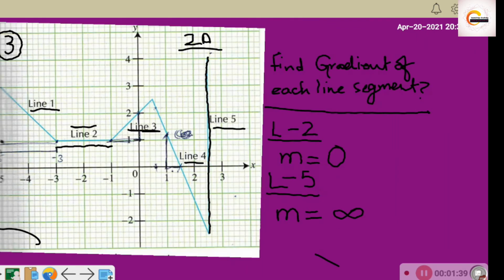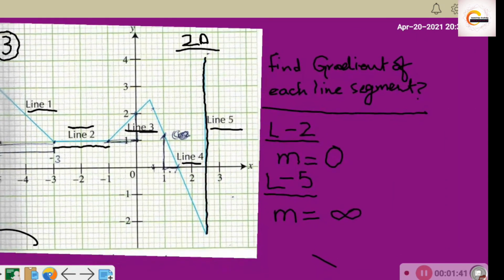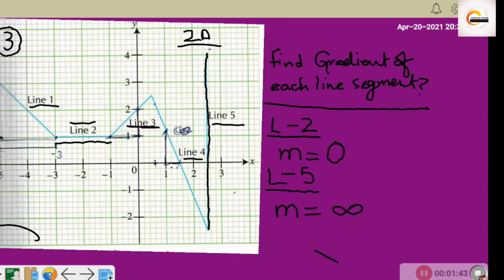Let's calculate the gradient of line number 1. As I have told you, to find the gradient of any line, we must calculate its rise upon run. So the formula for the gradient is rise upon run. And how do we calculate the rise and the run?